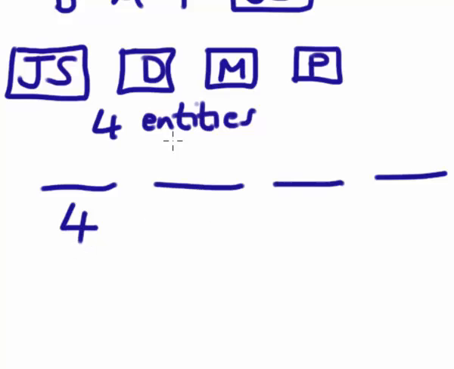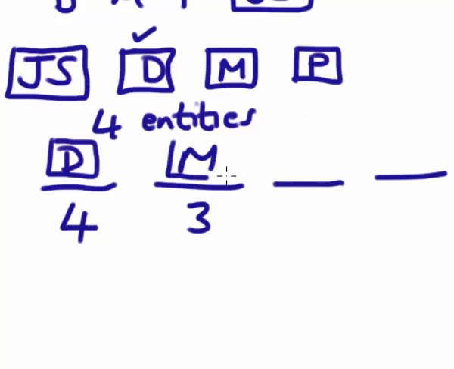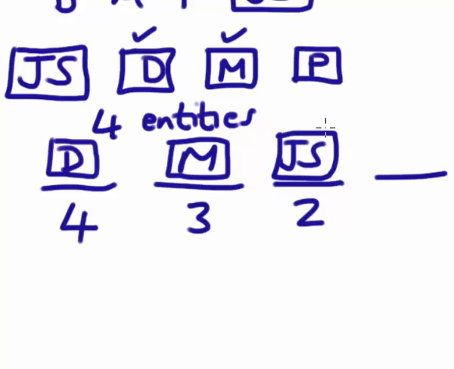Let's suppose that we've used Dimple, so we put Dimple there. Now we've used Dimple, so there's 3 other entities available, so we could put Mike there. Then we've used Mike, now we've got the couple or Peter, so there's 2 possibilities. Let's put the couple there, and then obviously Peter will fit into there, and that's only 1 possibility.